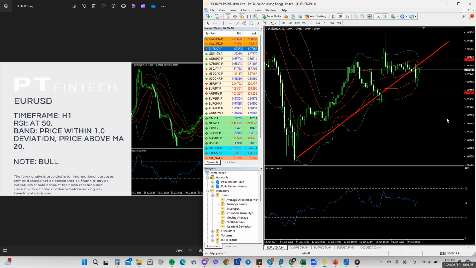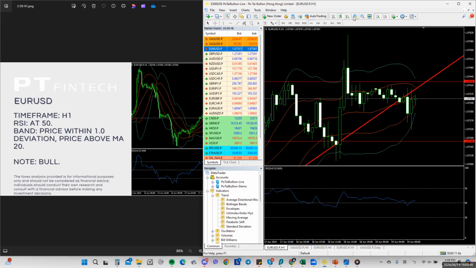Technically it's going to be a parallel market, or what a lot of people call a horizontal market, where prices are just going to be bouncing up and down. So overall, is it bullish? I'm not too sure, but based on the Bollinger Bands, you can't see a bearish sign because the MA20 is moving upwards. All of your lower bands are pointing upwards.